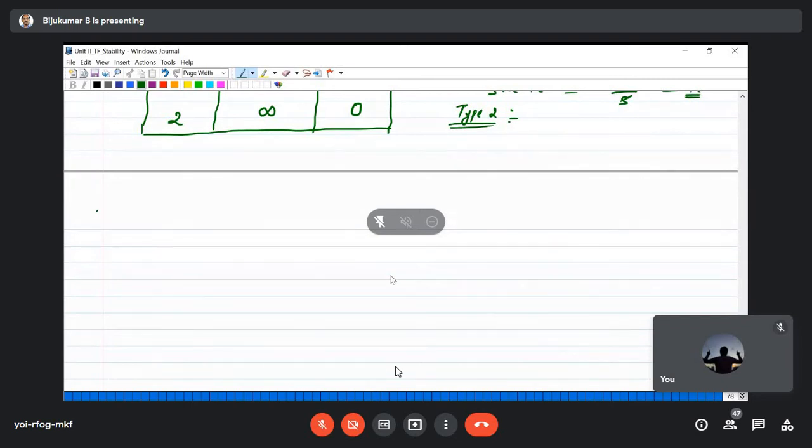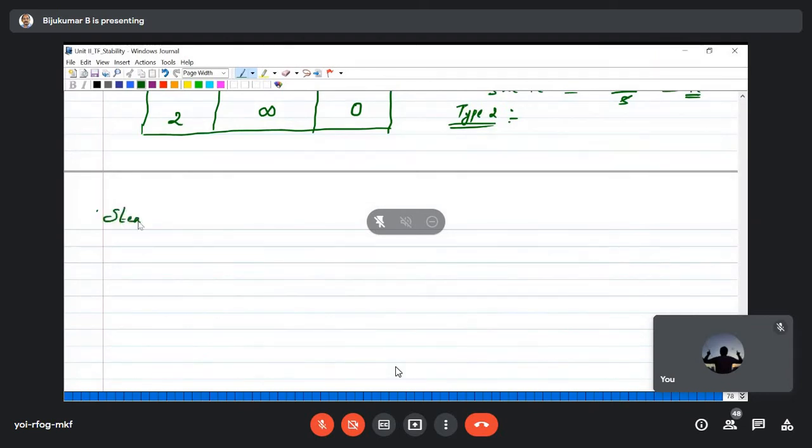Okay. Now, one more we have to do. Actually, this we have missed in our first unit, means different types of test signals. We have seen that it is step signal, ramp signal, then sinusoidal signal, impulse signal. Actually, one more signal is there. So this also you have to do.